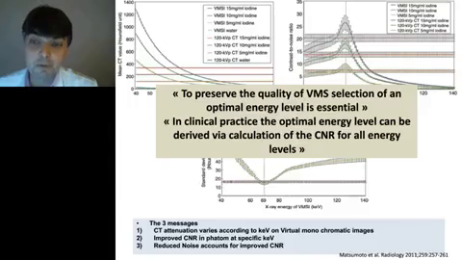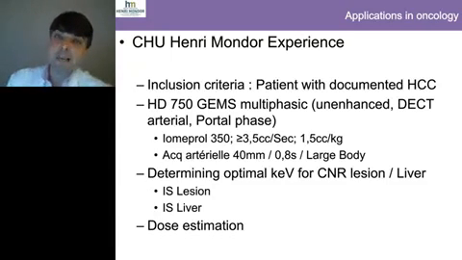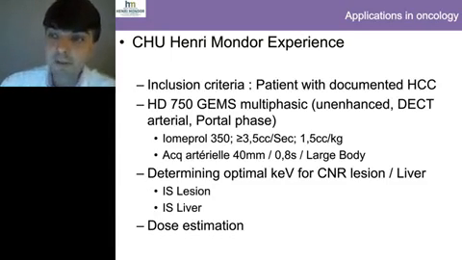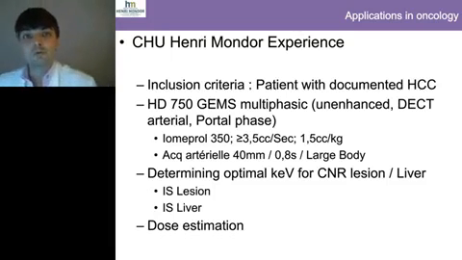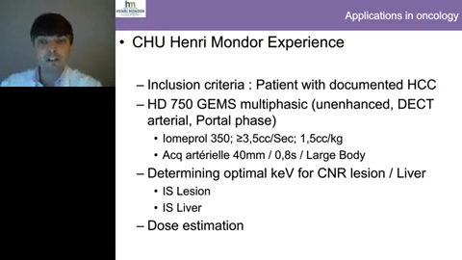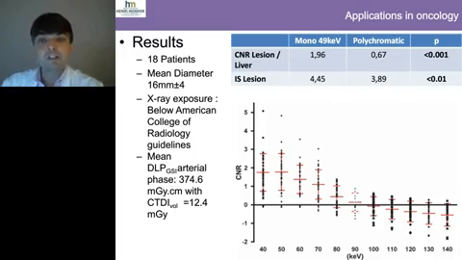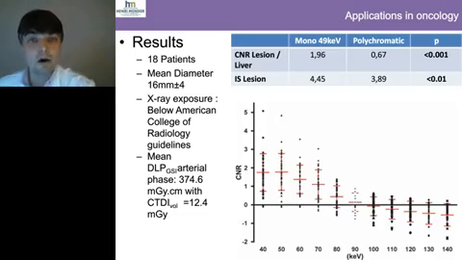And based on our experience, which was a lot dedicated to HCC images, what we did look at is the various contrast to noise ratios across different energy levels of those HCC lesions. 18 patients, lesions of 16 millimeters in diameter, and what we determined is that the optimal contrast to noise ratio level, in our experience, of HCC image on arterial phase with spectral imaging was 49 keV, where we had the highest CNR of lesion over background liver.